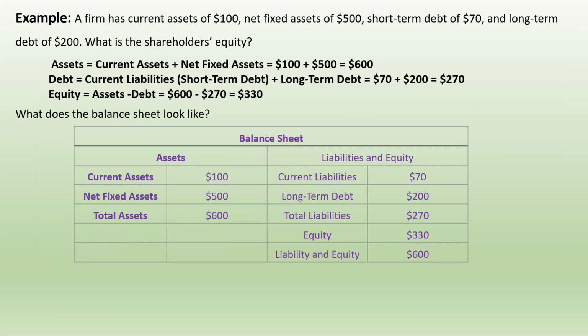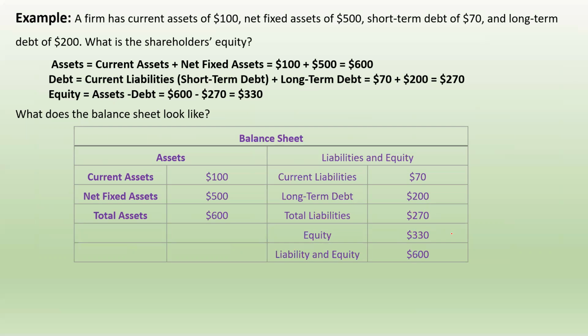And we can prepare a balance sheet. On the left-hand side is assets. We list the current assets first, then net fixed assets and the total assets. On the right-hand side, we list the liabilities and the equity: current liability first, long-term debt next, and that's total liability. And we list the equity.